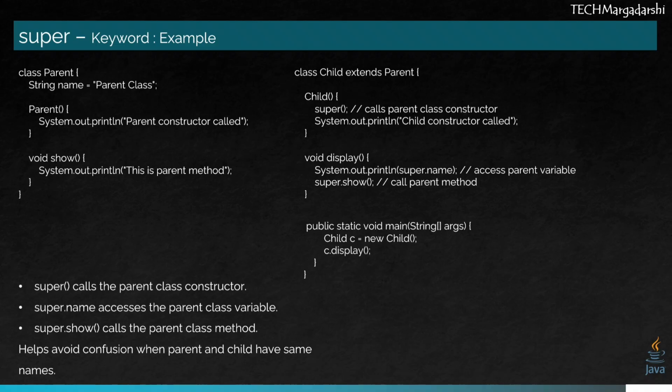Next, inside the display method, we use super.name to access the variable defined in the parent class. We also use super.show() to call the parent class method. So, in short, super helps us access parent class members and avoids confusion when parent and child have similar names. This is especially useful in inheritance scenarios.